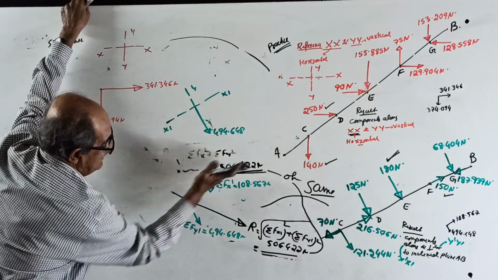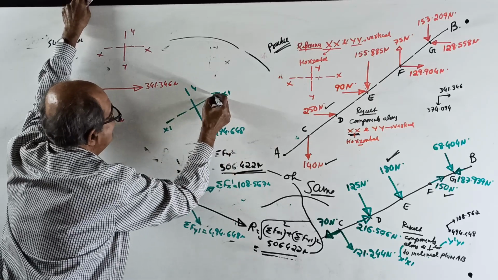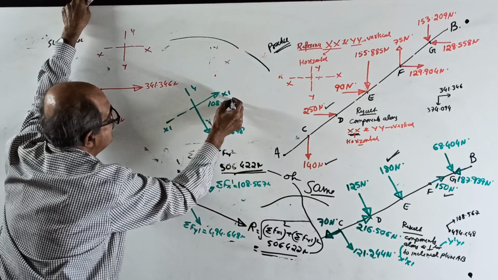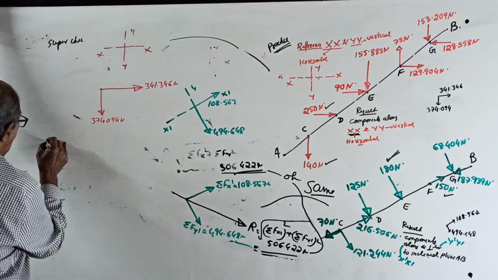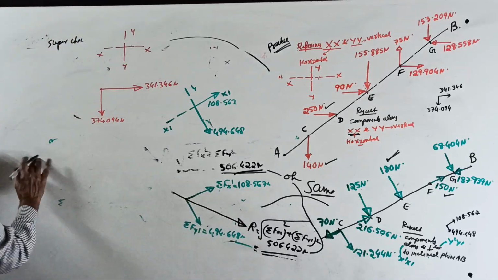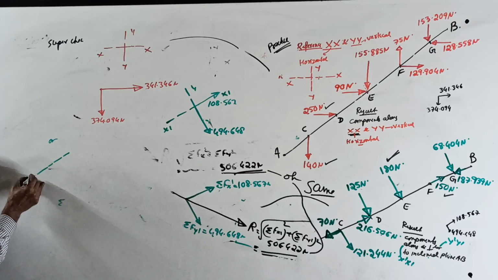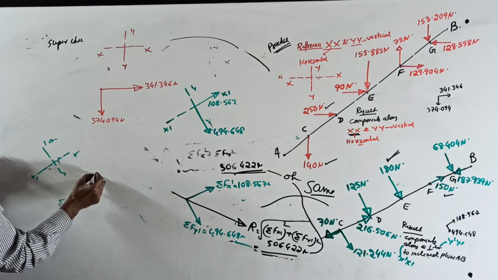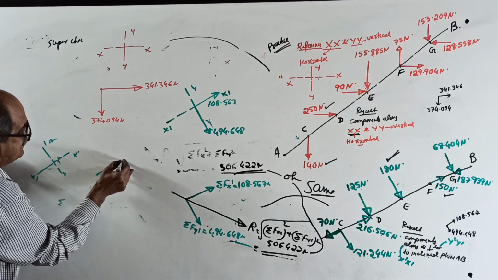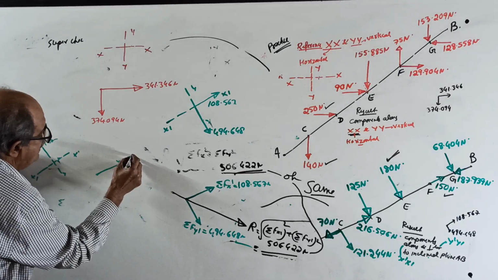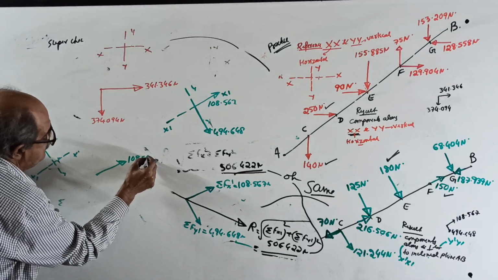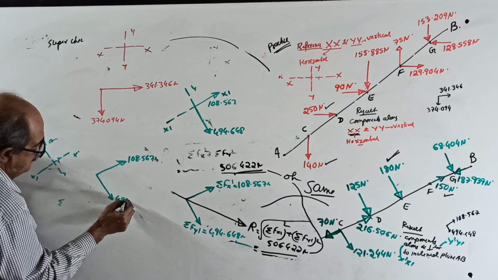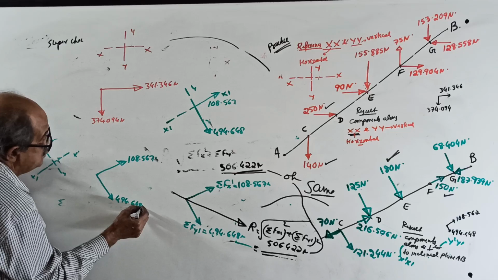494.648, and why should I bother to calculate? This will come. Only those who are serious can do it. 108.567. Oh, same answer. When you resolved along x dash and y dash, you got one force of 108.567 Newton, and the other this way of 494.648 Newton.